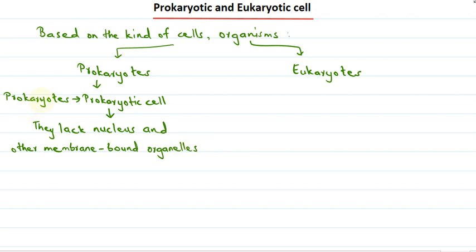Okay, so prokaryotes are those organisms that have prokaryotic cell. Now prokaryotic cells are those cells that lack nucleus and all the other membrane bound organelles.